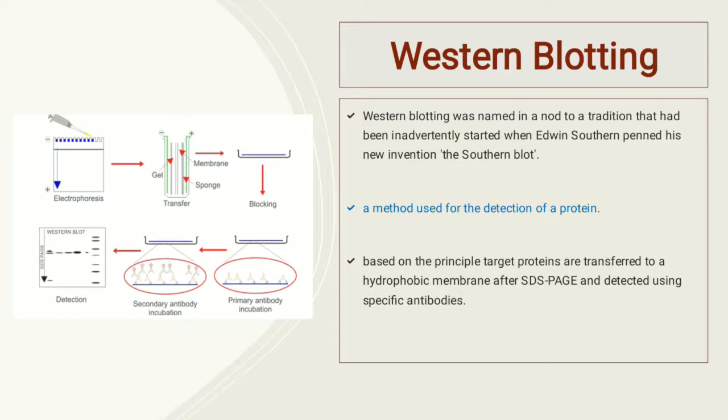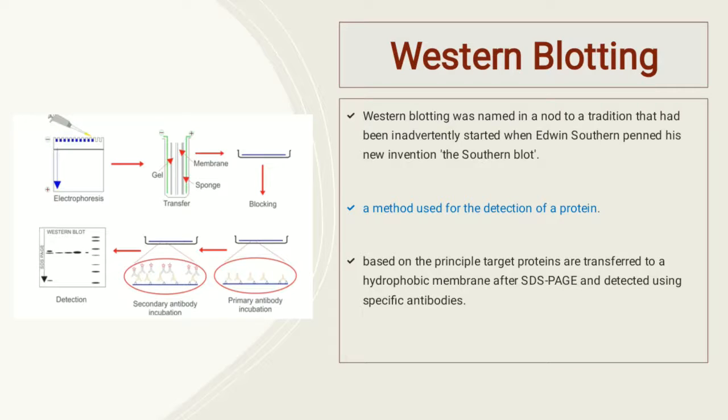After that we will apply the secondary antibody. Secondary antibody is basically radio labeled. Why are we using primary antibody? The primary antibody is so that we will exactly get the point where our target protein is present. After that, a secondary antibody that can bind to the primary antibody is used, and that secondary antibody is radio labeled.